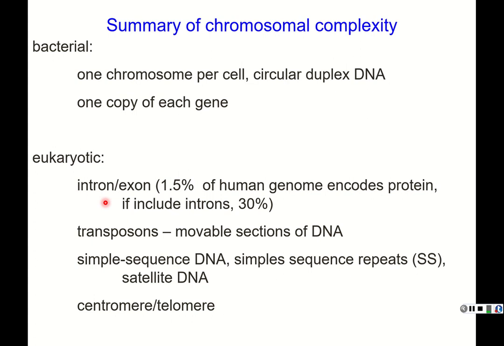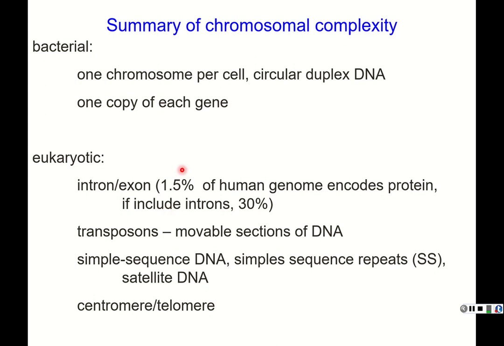It's actually a sequence that gets transcribed, but it gets cleaved out before the messenger RNA is translated into protein. You can kind of think of it as almost a junk sequence, although it's not really junk, but just a sequence inside a gene that does not get turned into the protein that the gene is going to become.